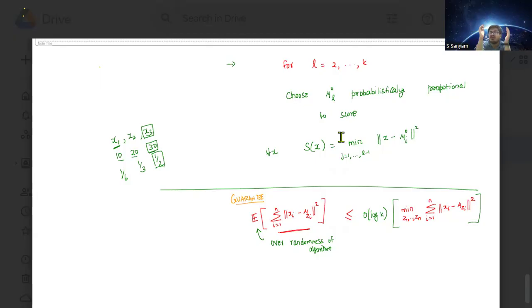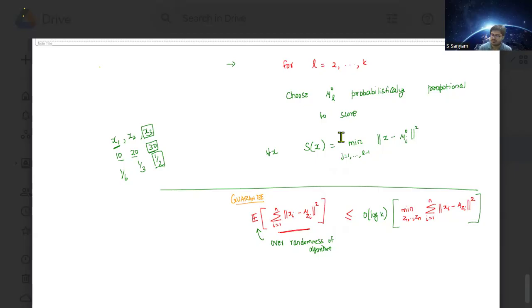It is the distance squared, and we are trying to minimize.